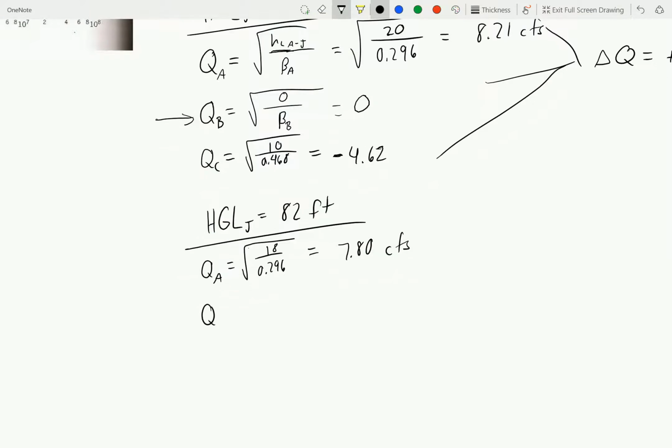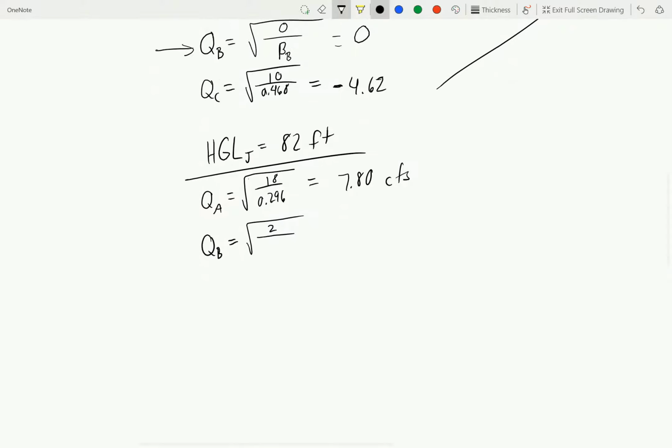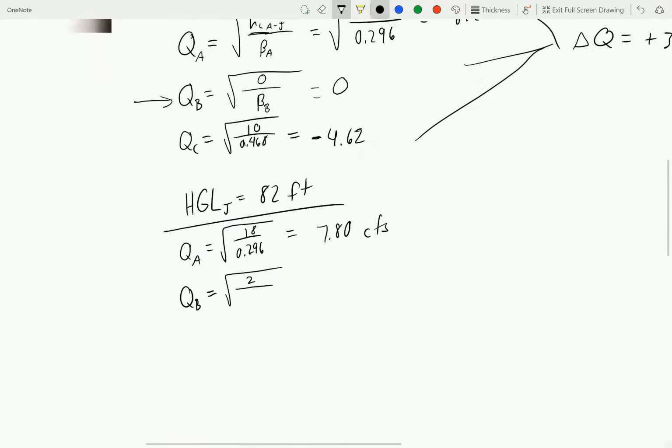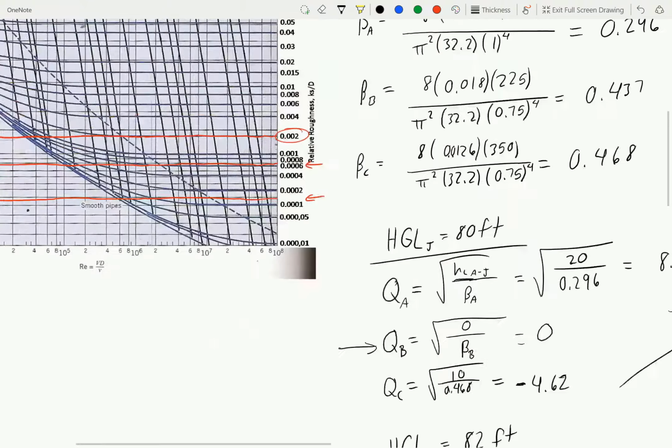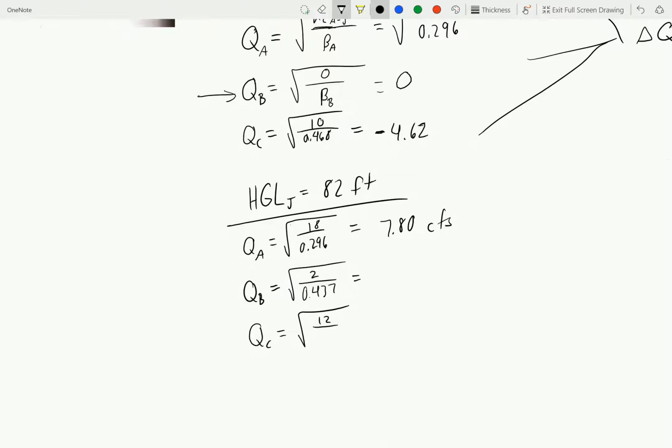We'll have a value for discharge at B now, because there's a 2 foot difference in elevation here, and then we have beta B to be 0.437, and then finally QC, it's a 12 foot difference in elevation, and then 0.468 is our beta value.